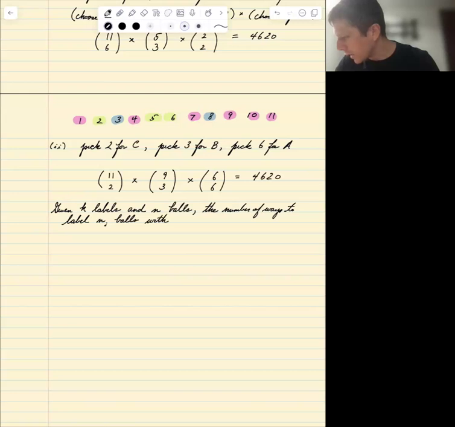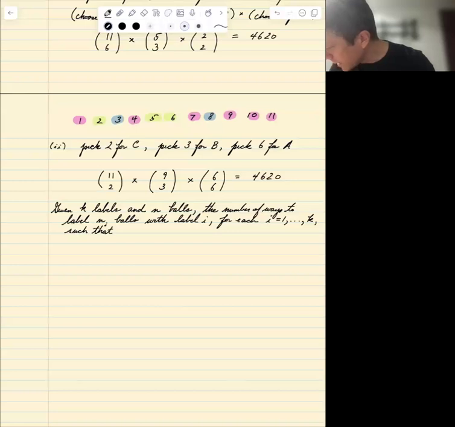N balls, n sub i balls with the label i for each i from 1 to K. So for each label that we have, subject to the condition that the sum of these n_i's adds up to n.